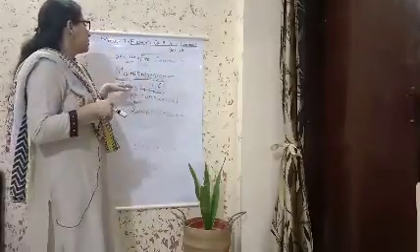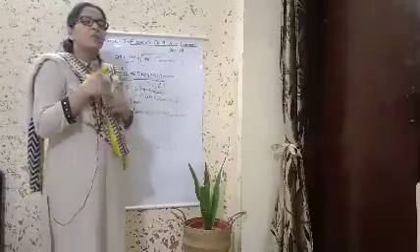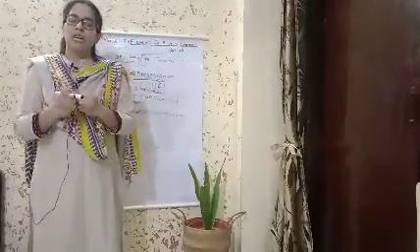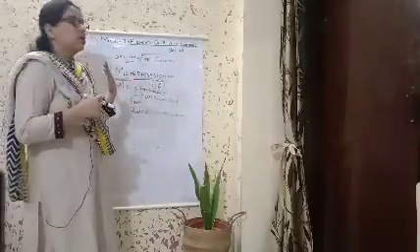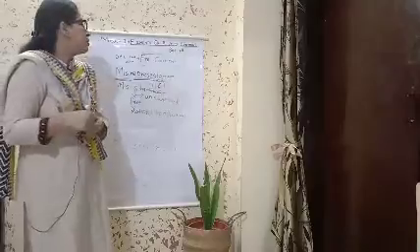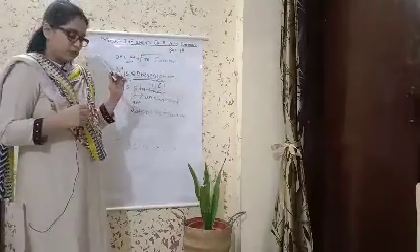This is misrepresentation. Obviously it shows that the person does not have the intention to deceive, the person is not making an intentional misstatement. So this is what misrepresentation is.